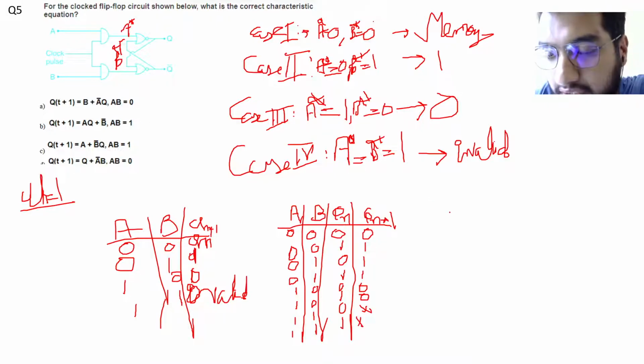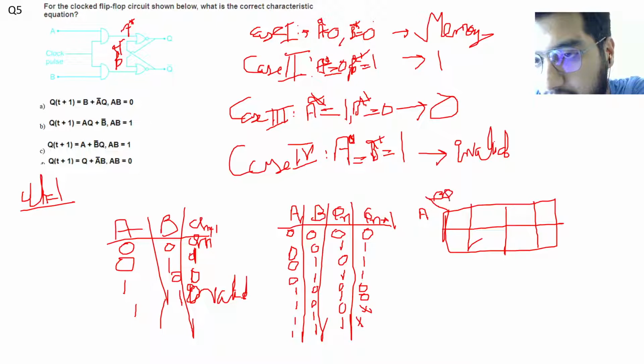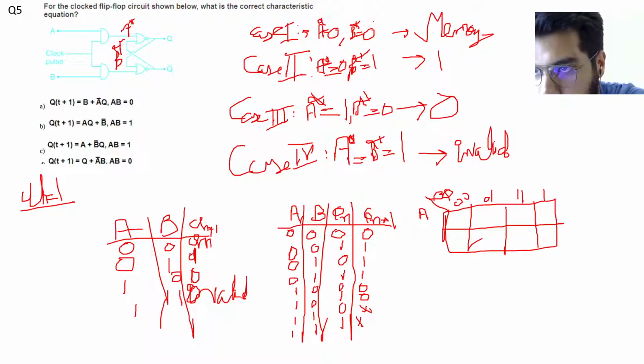Now we need a K-map to get the equation. Since there are 3 variables, here we will have A and here we will have B and Q. So this is 0, 0, 0, 1, 1, 1, 1, 0, and this is 0 and this is 1.